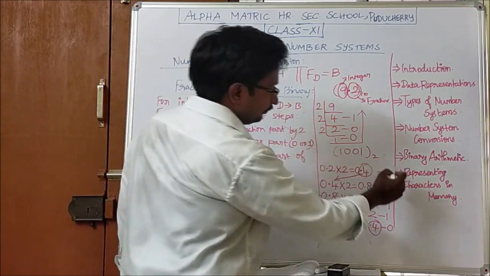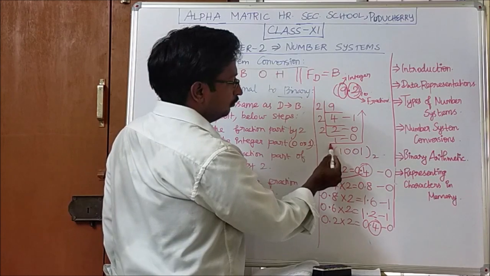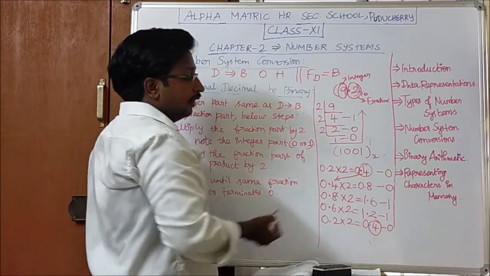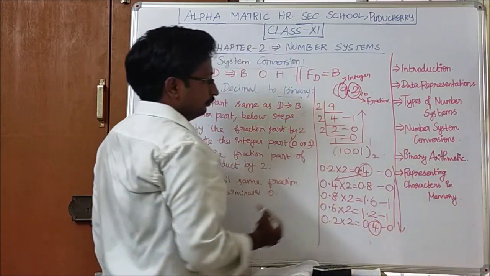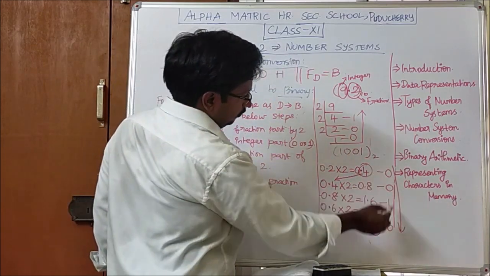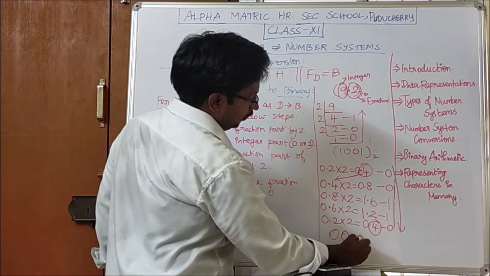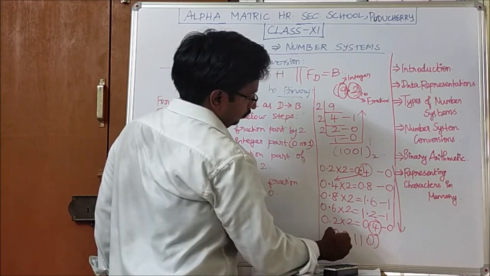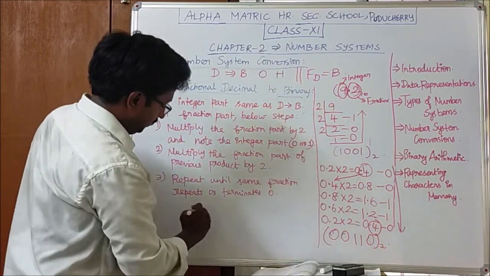So first let us write the answer. In the integer part you write from bottom to top, whereas in the fractional part you write from top to bottom. So that is 00110.